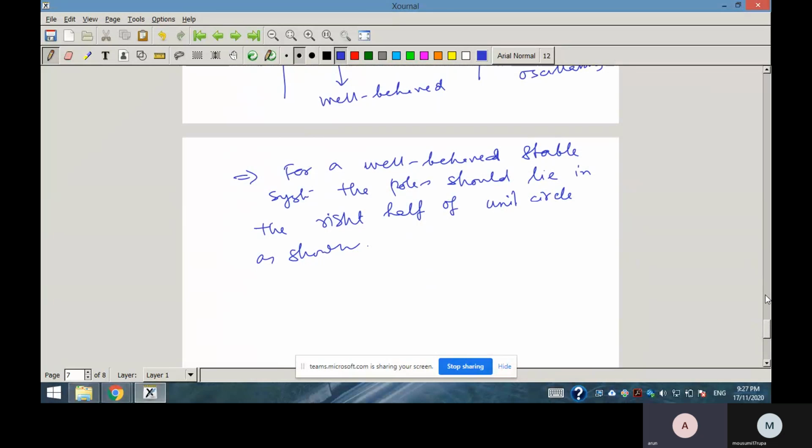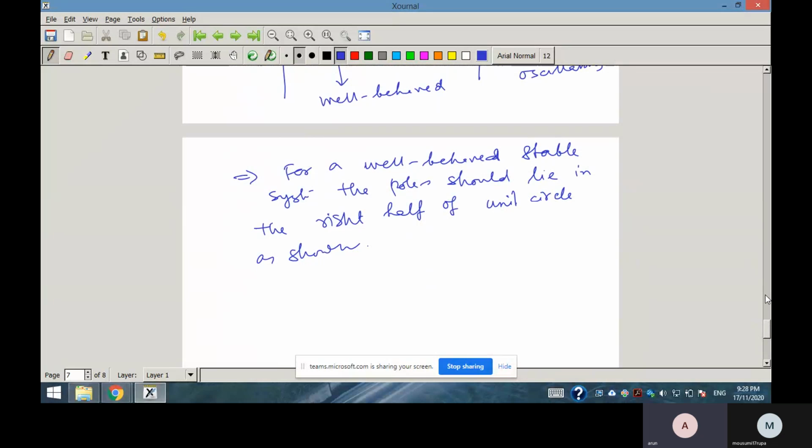In the last class, towards the beginning of the digital control part, I said that the sampling time plays an important role. If you increase the sampling time, the stability of the feedback system reduces, and if you decrease the sampling time, the stability of the system increases. But I want to see how to analyze stability of a feedback system.